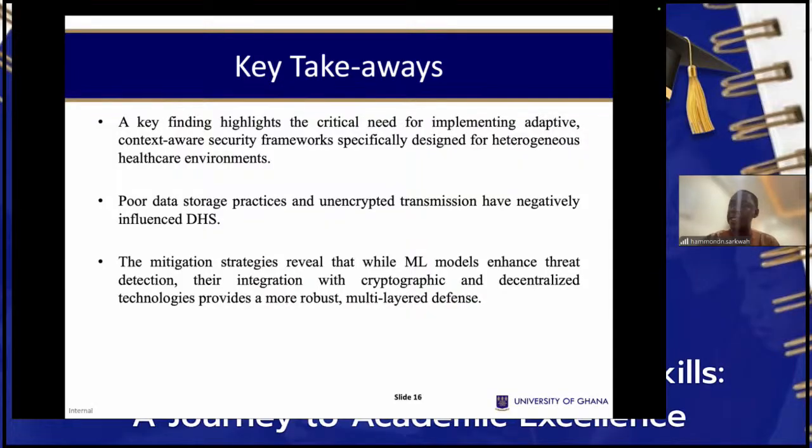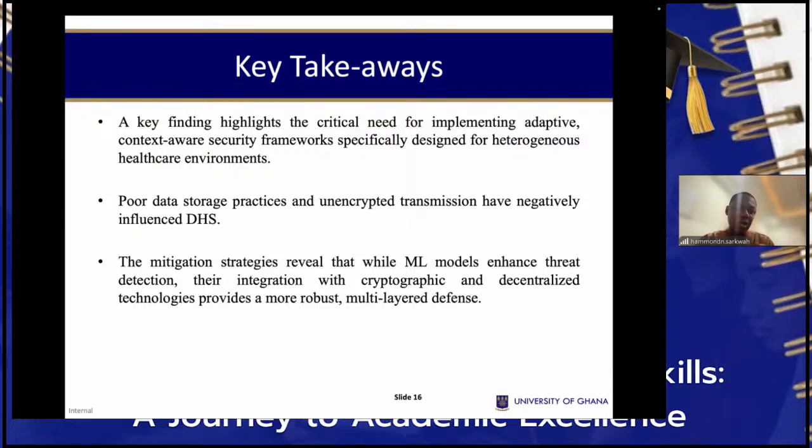Looking at our findings, we realized that a key finding highlighted a critical need for implementing an adaptive, context-aware security framework. When we talk about a context-aware security framework, we are looking at a framework that is able to develop to address issues based on what we see, and it's also more advisable for countries with fewer resources. Poor data storage practices and unencrypted transmission have negatively influenced digital health systems.